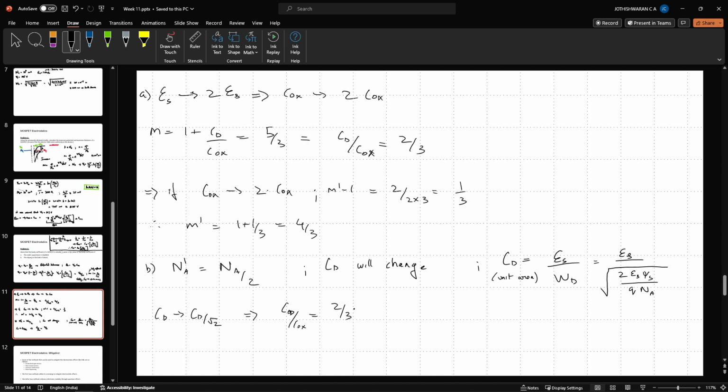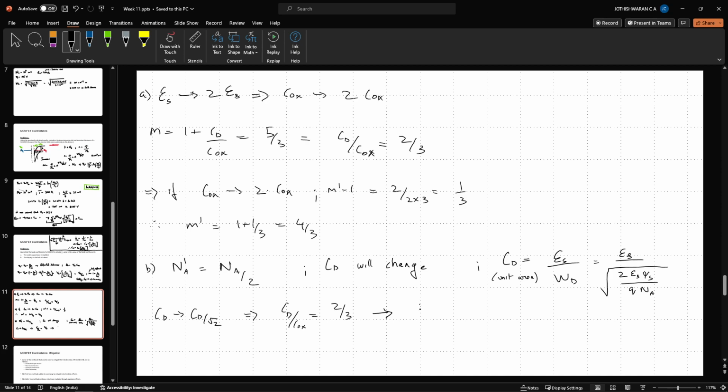Now halving the acceptor concentration, or the dopant concentration in general, CD is 2 by 3 times Cox. Now CD has become CD by root 2, so that is 1 by root 2 times this quantity.